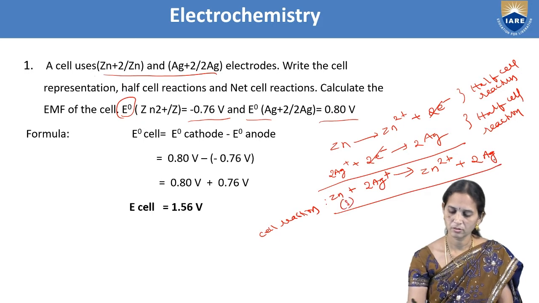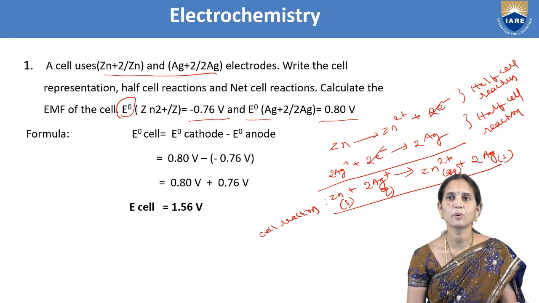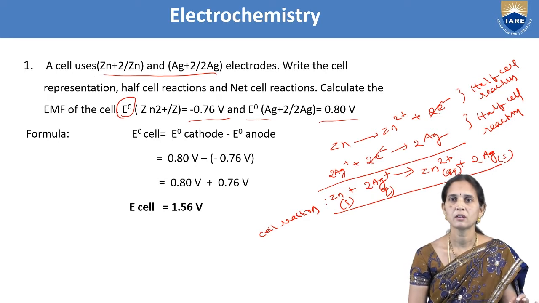So this is the total cell reaction. They have asked us in the problem to write the cell representation, half cell reactions and net cell reaction. So we have written the half cell reactions and the net cell reaction.